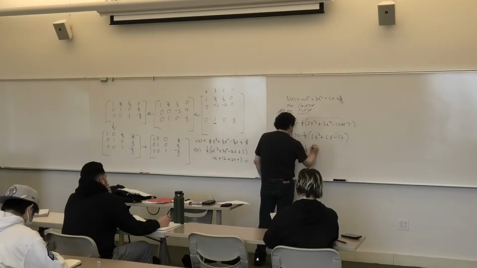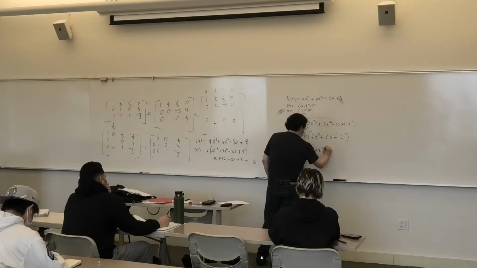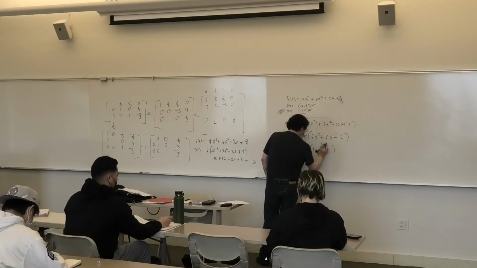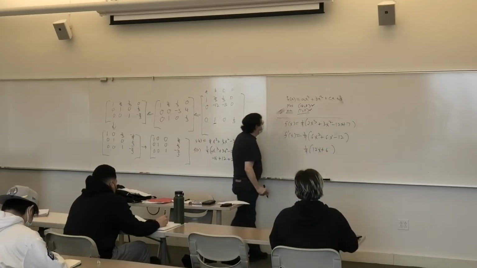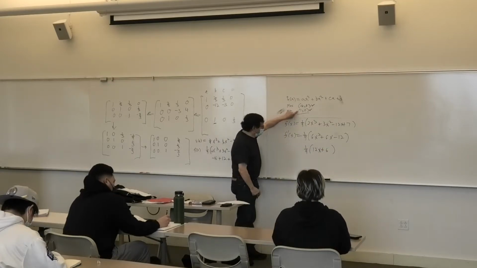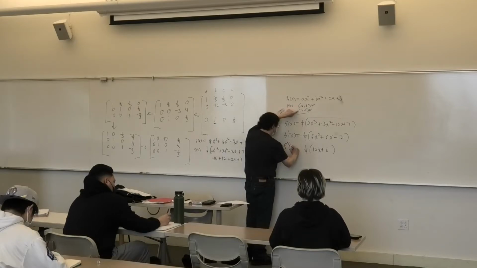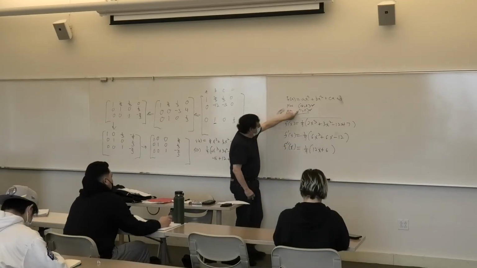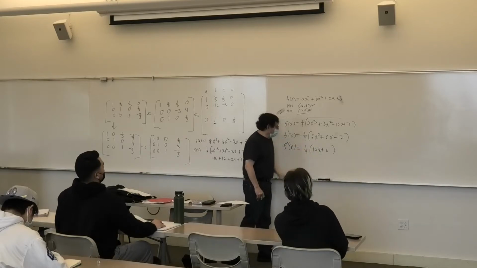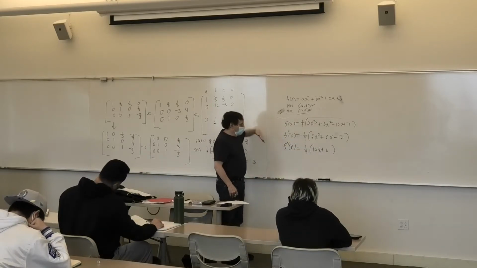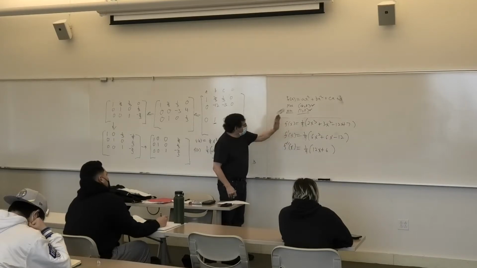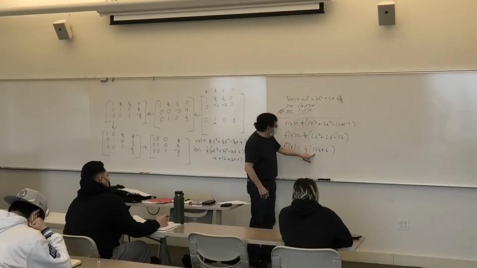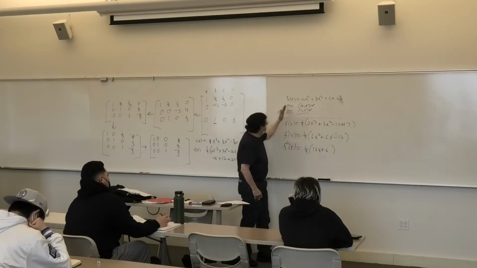It's 1/9 times 12x plus 6. If I plug in 1, I get a positive number. That means the derivative is increasing, that means it's a minimum. And I plug in minus 2, I get a negative number, which means this is a maximum.